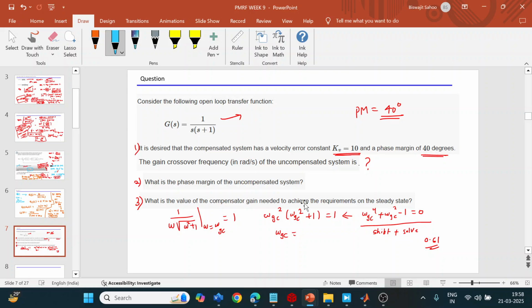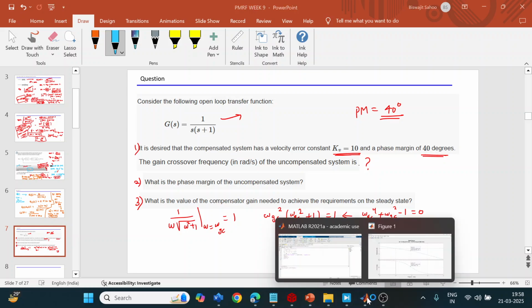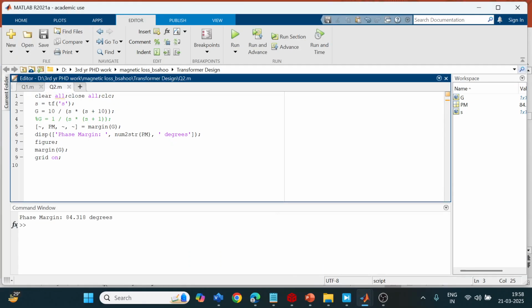Let me type 1 divided by s into s plus 1. Go to your MATLAB. I just need to type that transfer function. You define the transfer function in the Laplace domain.